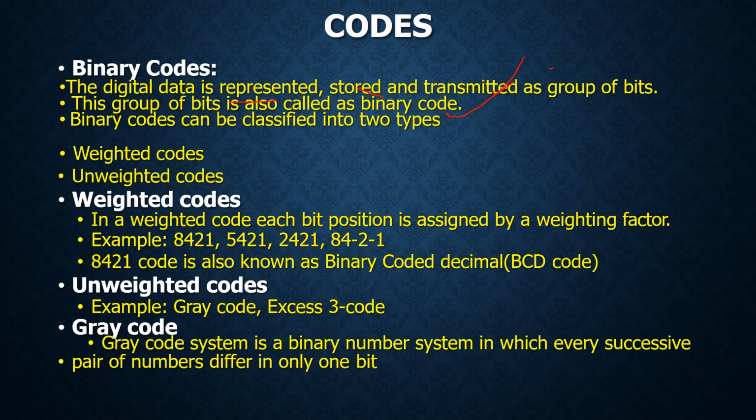In 8421, if you add 1 here and 0 here, those values with 1 are weighted: 4 plus 2 is 6. So this is the corresponding binary number for 6. When you add 4 plus 2, you will get 6. 0 1 1 0 is the binary value, and this 6 you are getting.